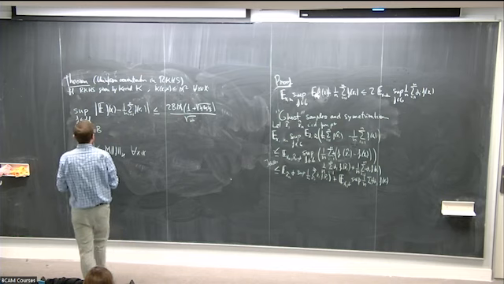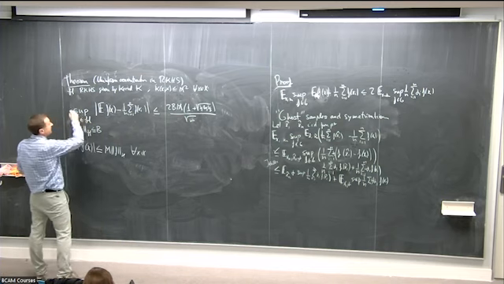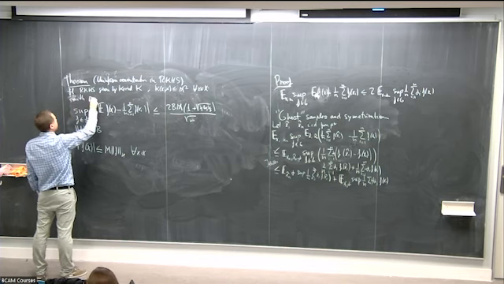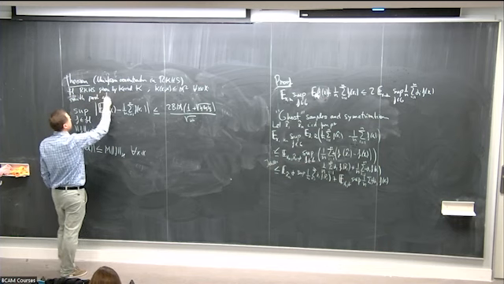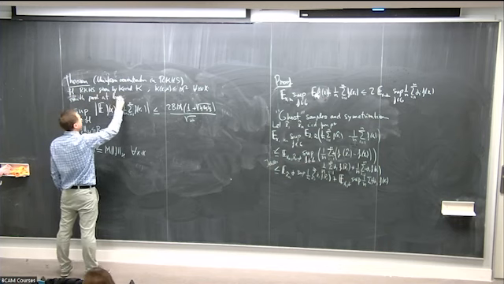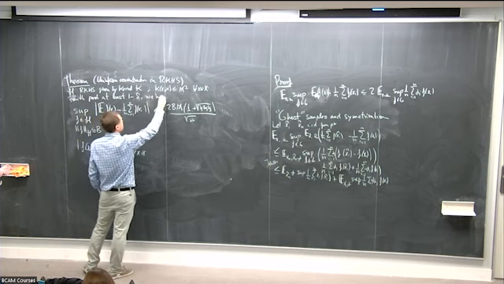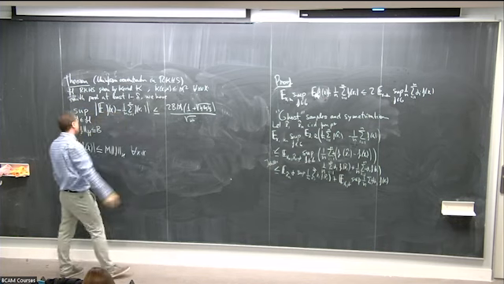Something else I'm missing. So basically the thing is that with probability at least 1 minus delta, we have this.